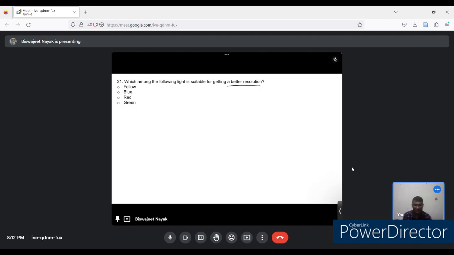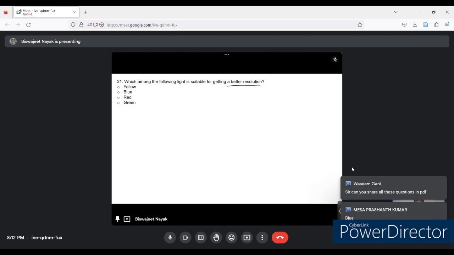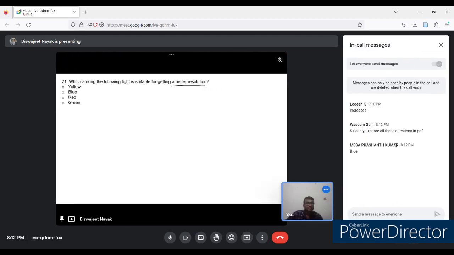Basically, resolution is inversely proportional to the wavelength. So better resolution means lower wavelength, right? Yeah, sure, I will share all these questions in PDF.